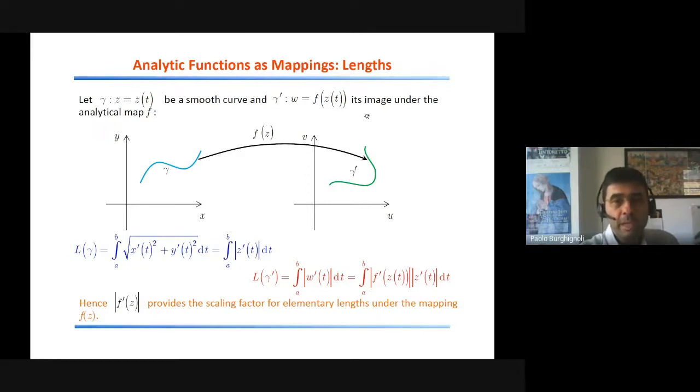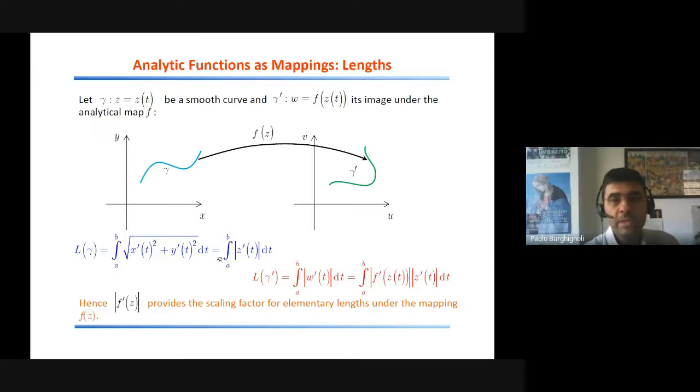For example, you can calculate the length of the original curve gamma, and by definition the length of the curve gamma is given by an integral from a to b, which are the endpoints of the interval to which the parameter t belongs. The integrand being the square root of the sum of the squares of the first derivatives of x and y with respect to the parameter t. This is by definition from differential geometry.